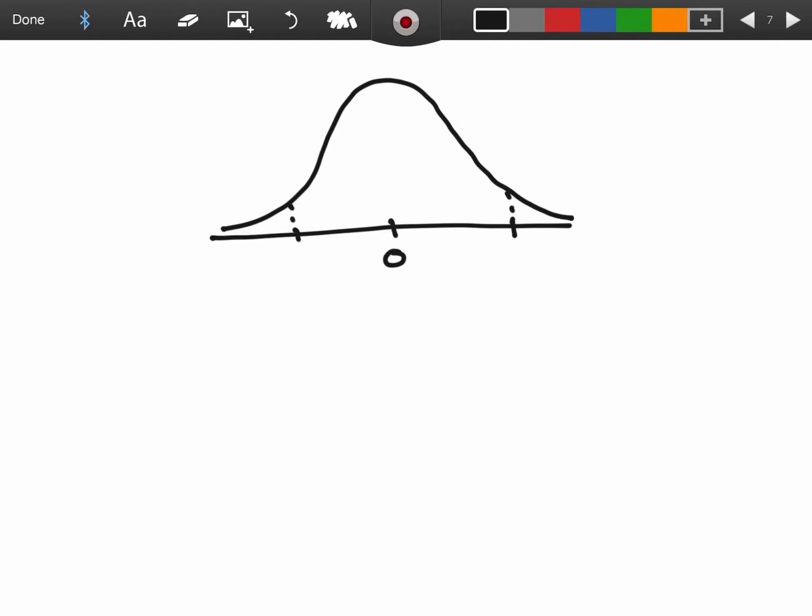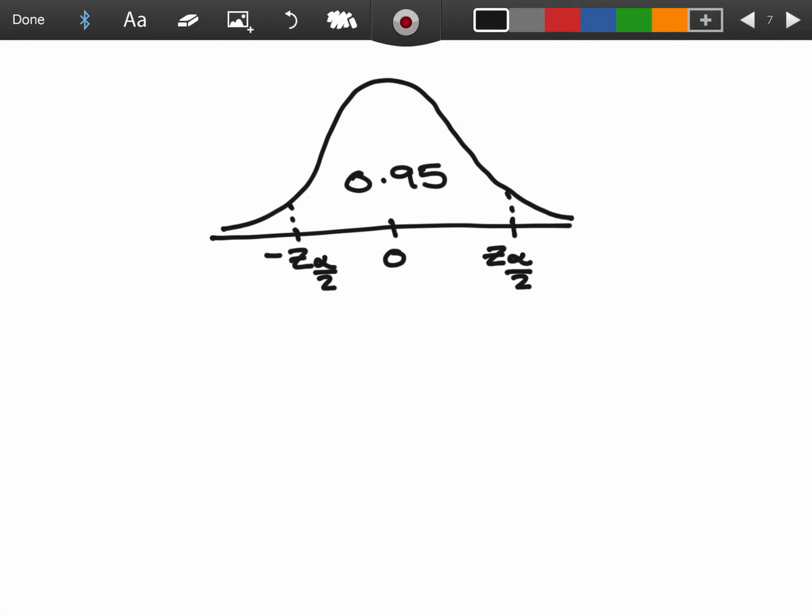If I want a 95% confidence interval, I'm going to put 0.95 of my area in the middle. That z of alpha over 2 is this value here, okay? Negative z of alpha over 2, because this thing is symmetric, lies right on the other side of 0. And I have 95% of my area, 0.95, that lies between those two values.